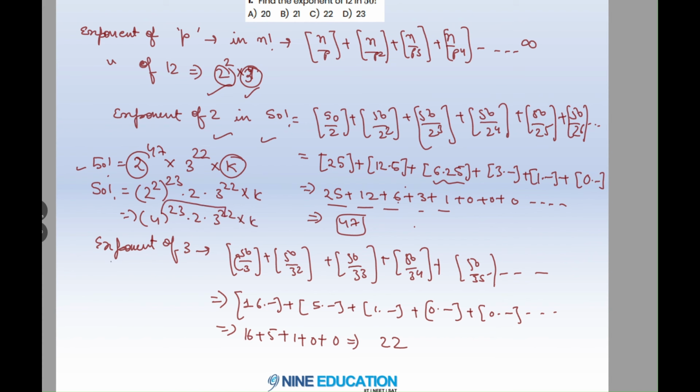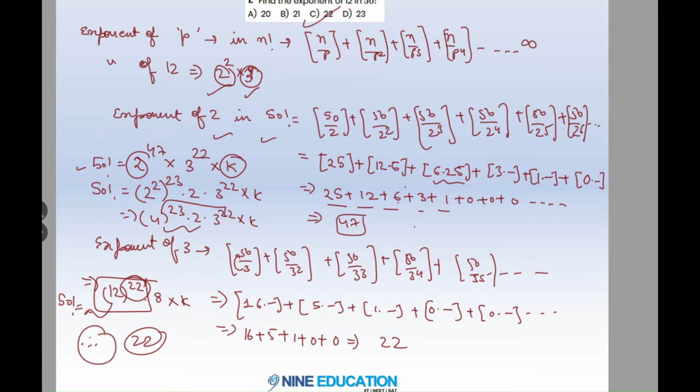Now 4 and 3 together make up 12 power 22 into 2 into k. The highest power of 12 in 50 factorial comes out to be 22. Therefore, the exponent of 12 in 50 factorial is 22. The answer is option C.